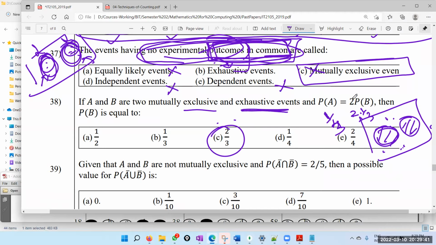So this must be therefore 2 times. A and B are mutually exclusive. P(A) equals 2 times P(B). If we take P(B) as 1/3, then if P(B) is 1/3, our P(A) is 2/3.